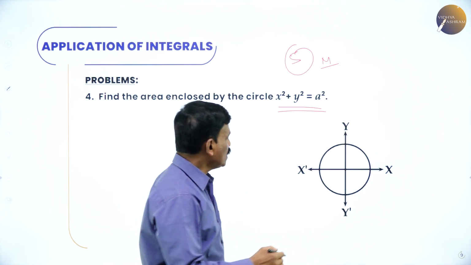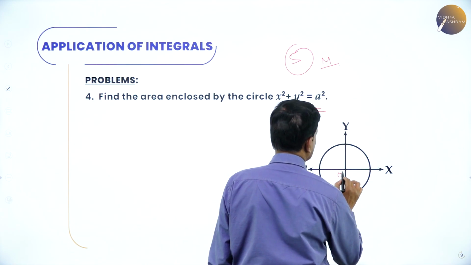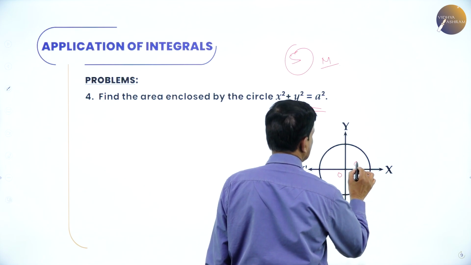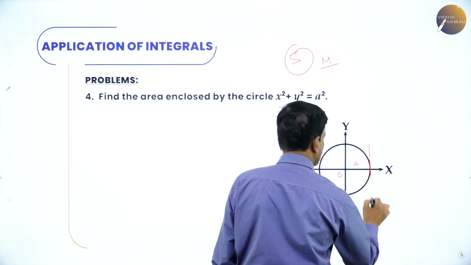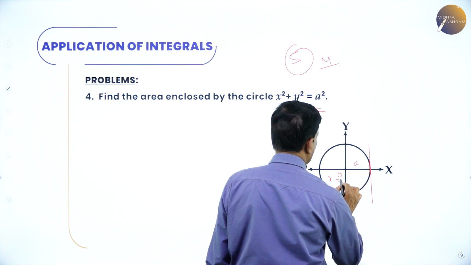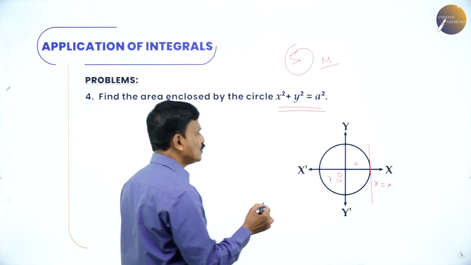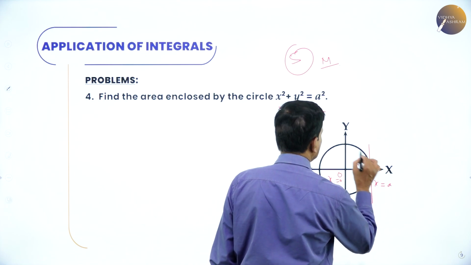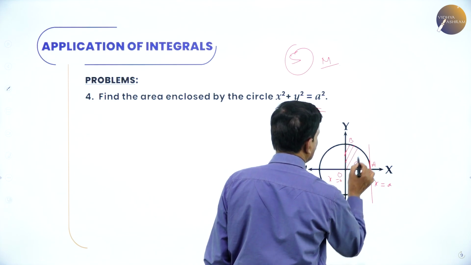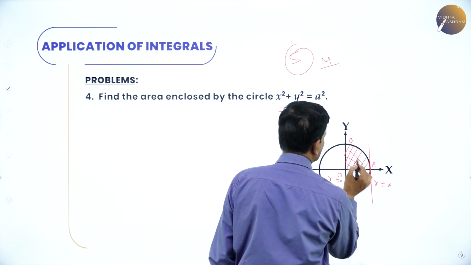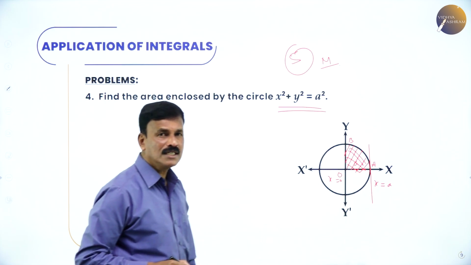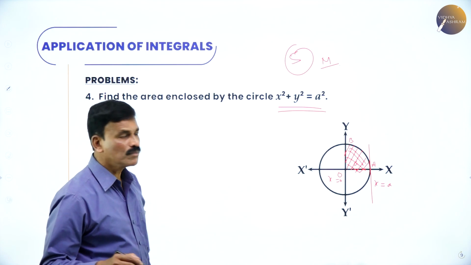Now, let us consider a circle with O as center and a as the radius of the circle. Then here x is equal to 0 and x is equal to a are the ordinates. Just find out the area of OAB, the area of any one sector. There are 4 sectors. Find out the area of any one sector and multiply by 4.